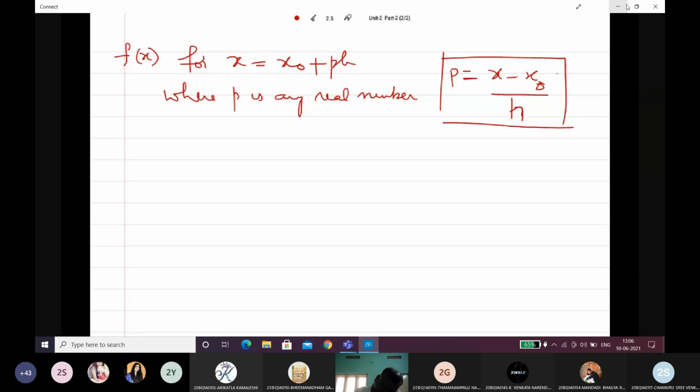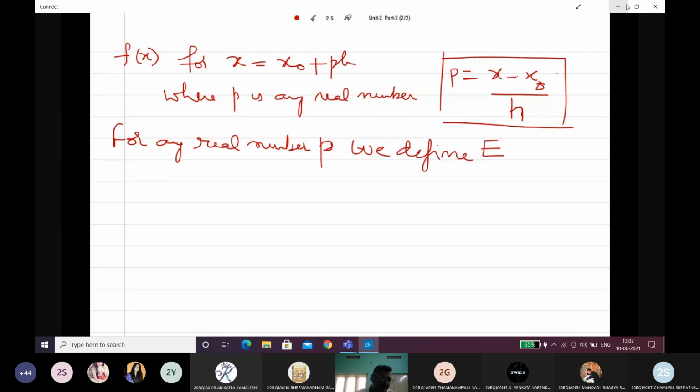For any real number p, we define E such that E power p of f of x is equal to, what is the formula for this one?